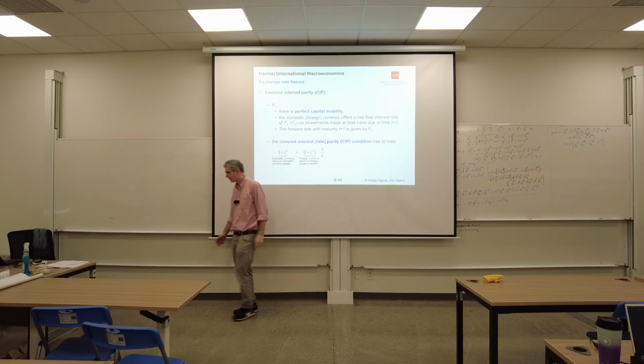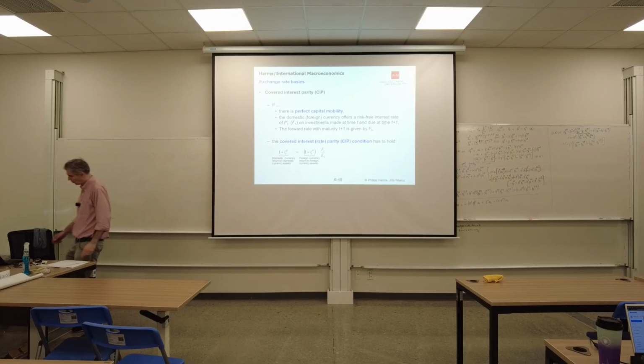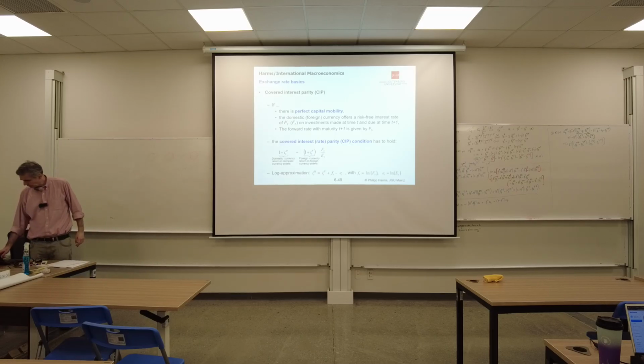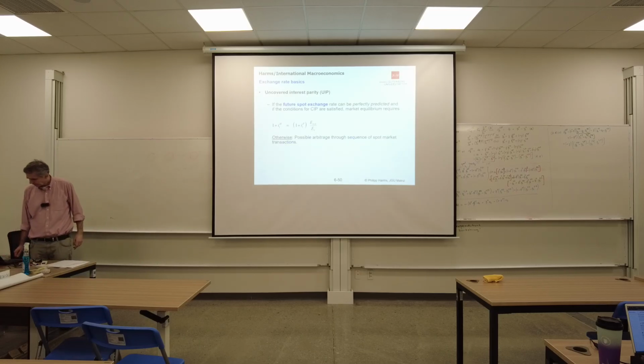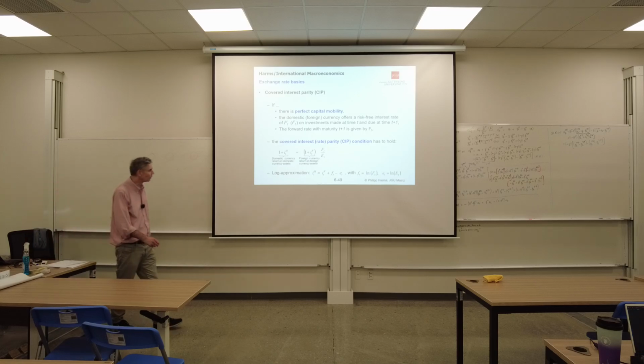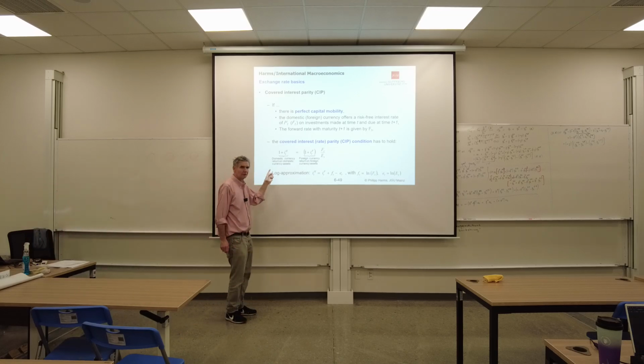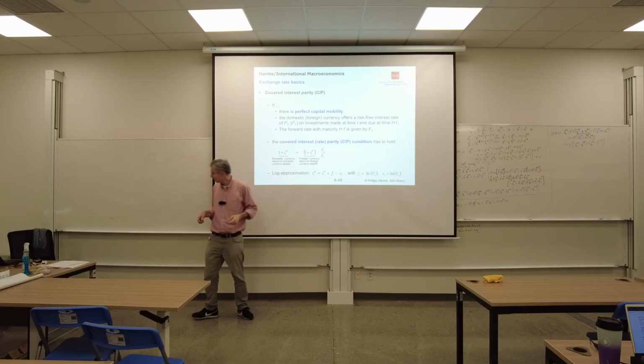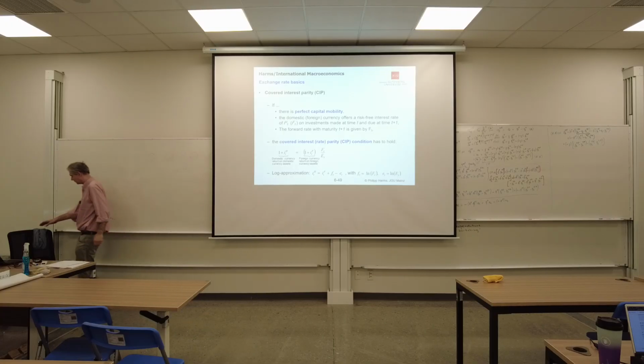Now, why is that? Well, the point is, if this didn't hold, you could make a lot of money without being courageous, creative, or smart. Right? And what's the point? Okay, let me give you an example.